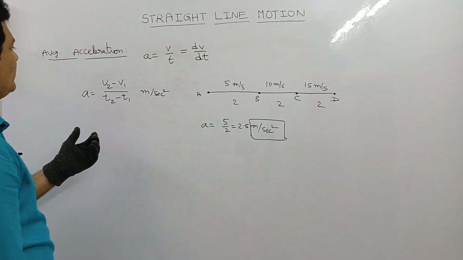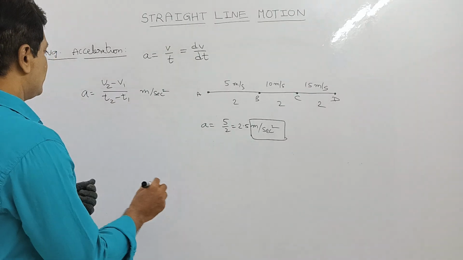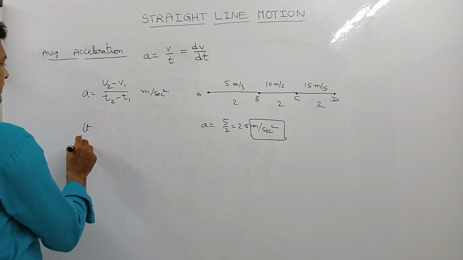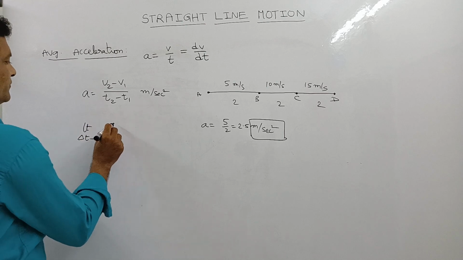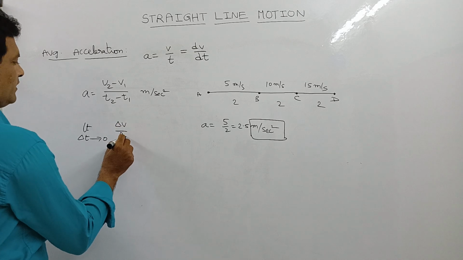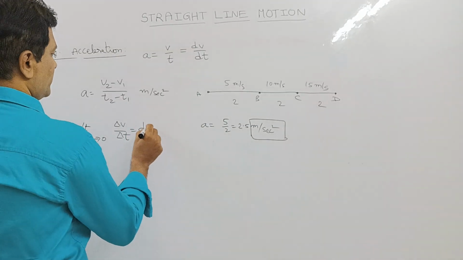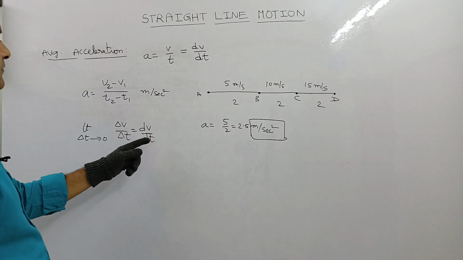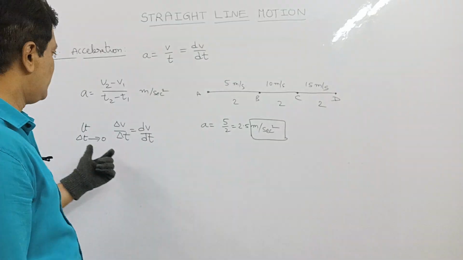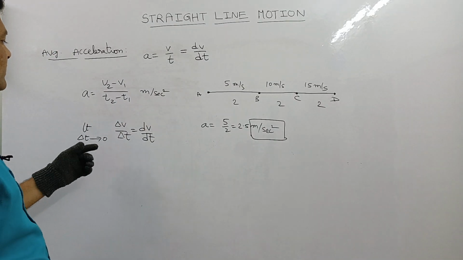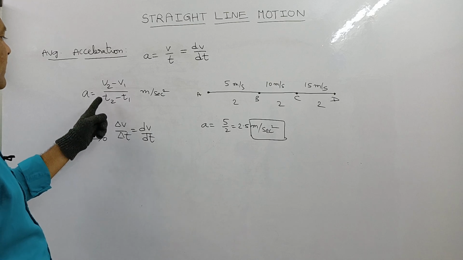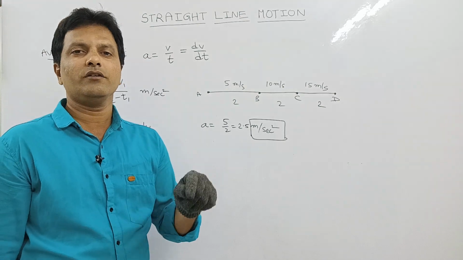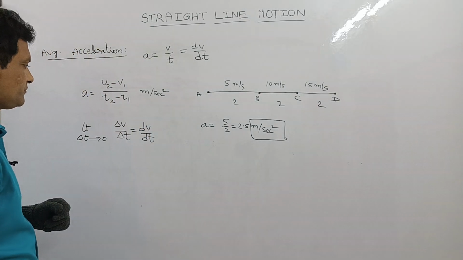With this we can calculate the instantaneous acceleration also. What is instantaneous acceleration? Limit delta t tends to 0, delta v by delta t, that is equal to dv by dt. The rate of change of velocity, dv by dt, is called instantaneous acceleration. Instantaneous acceleration is the limiting value of average acceleration.